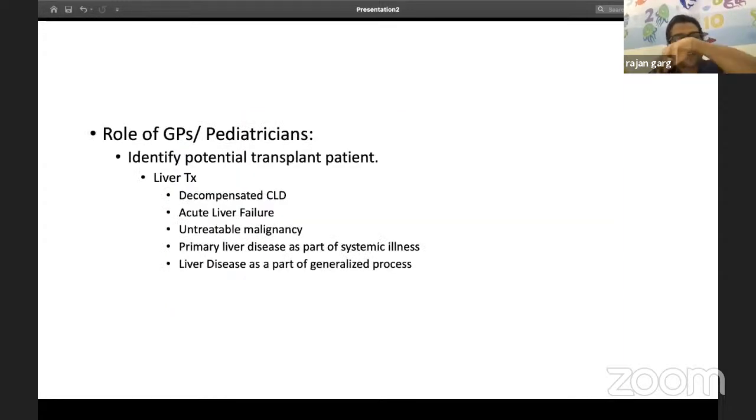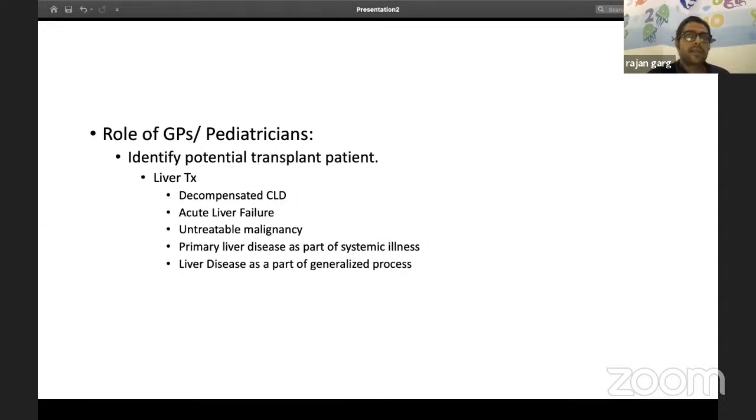So then, the important thing for the people in this talk is to understand their role in identifying a potential transplant patient. As a general practitioner or a pediatrician, it is important to understand what their role is. Number 1, to identify who is going to need a transplant, be it a liver transplant or a kidney transplant.